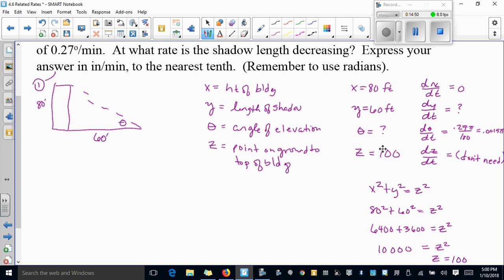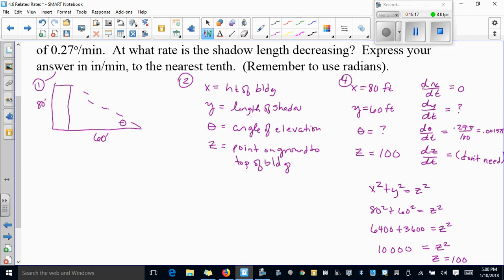Step 2, to assign values. Step 3, the equation we're going to use is tangent. Tangent of theta equals opposite over adjacent. So in this case, tangent of theta is equal to x over y.